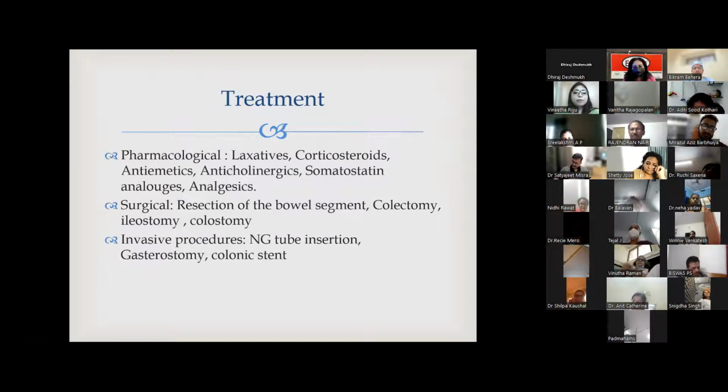Now, invasive procedures, NG tube insertion: select your patients. You need not always tell your palliative patients to be nil oral. Sometimes you can give them the benefit of sips of fluid or liquids in the volume that they tolerate.